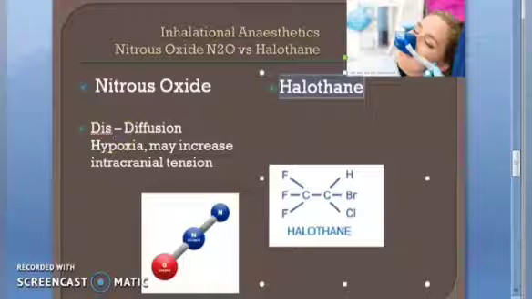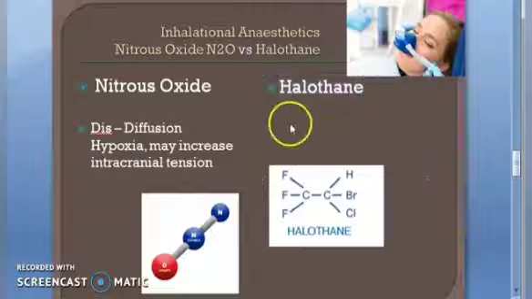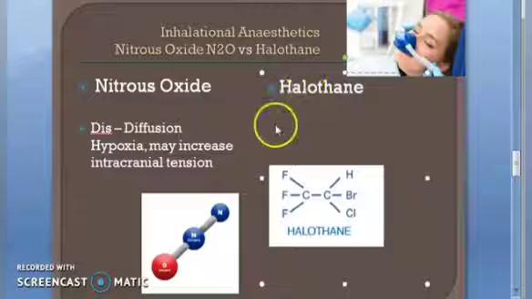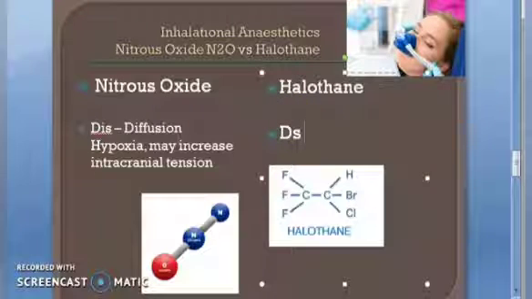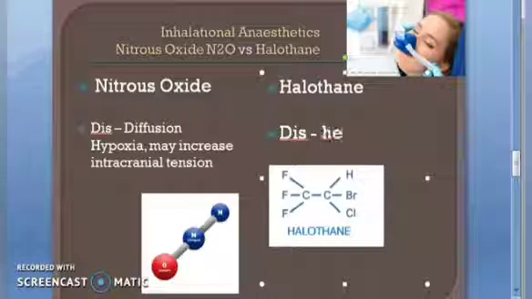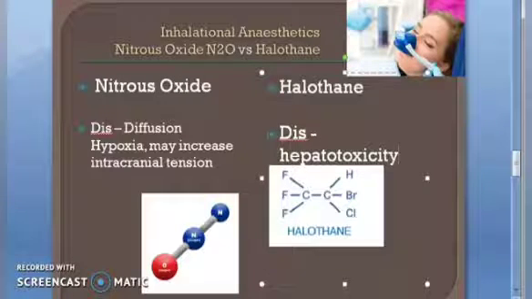That is why they use it probably. Halothane. Nausea, vomiting, rare in halothane. Hepatotoxicity can be there. That's the bad thing, right? If you use it repeatedly, there can be hepatotoxicity. Okay.